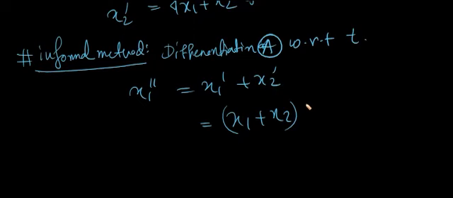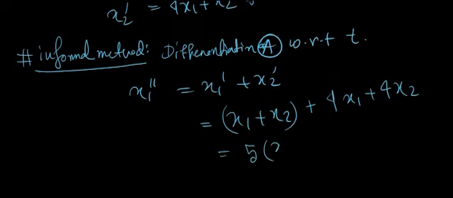We have this x2 prime as 4x1 plus x2, so this will be just 4x1 plus 4x2. So this is turning out to be 5 of x1 plus x2, but still we are not decoupling the x2 from x1, because this has x1 on the left hand side, that is the second derivative, but on the right hand side there is still this x2 guy, right?